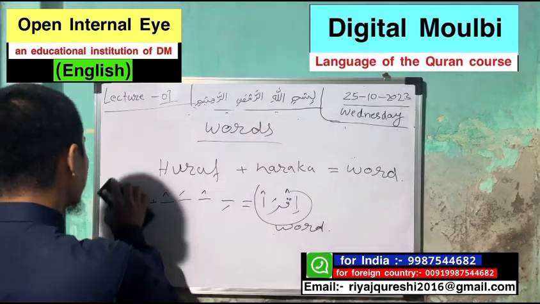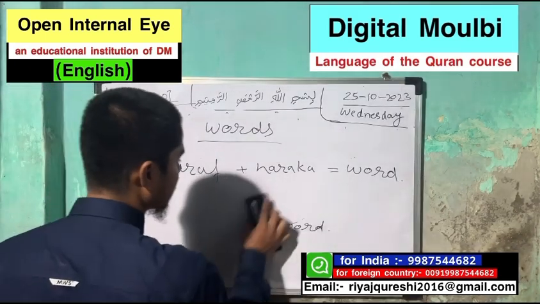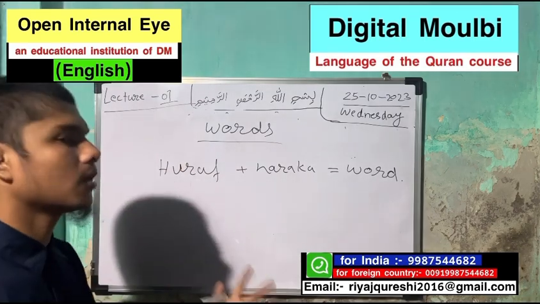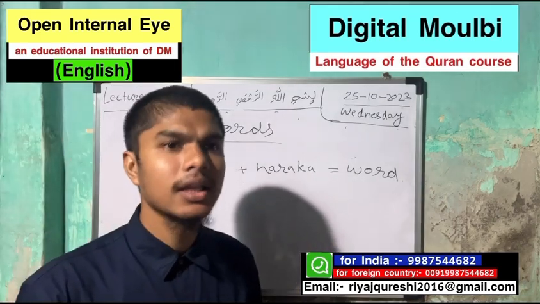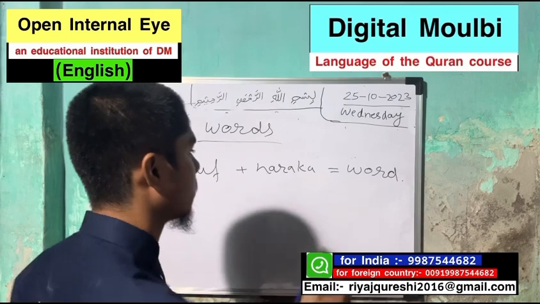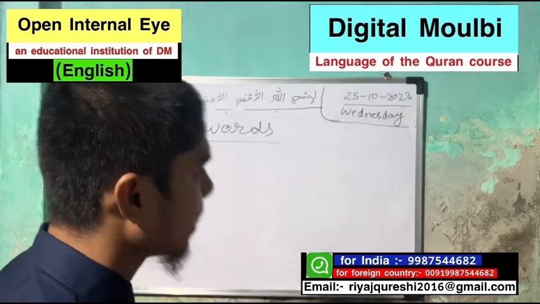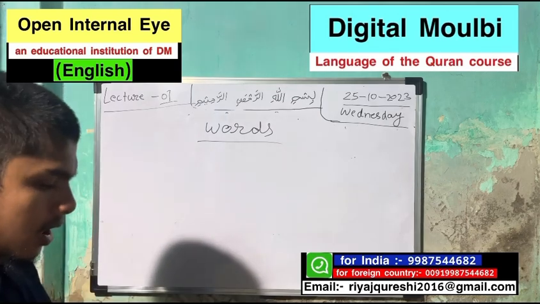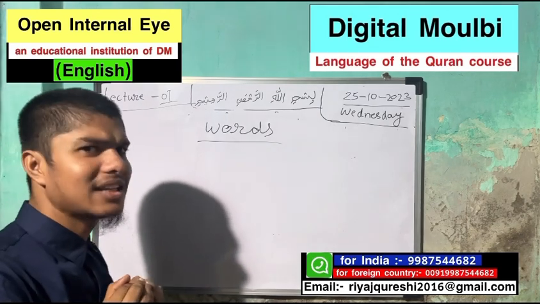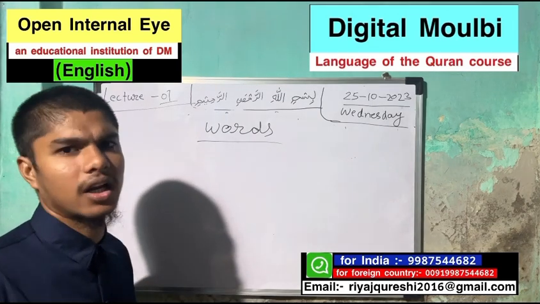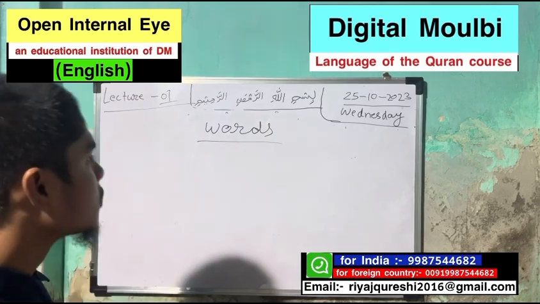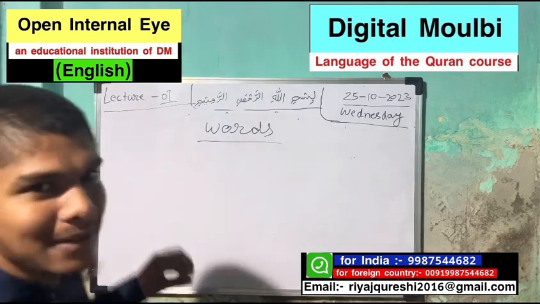Okay, so I hope you understand how a word becomes a word. The combination of the huruf and harakat becomes a word. Okay. So next, what is a word? It is the combination of huruf and harakat. That is a word.